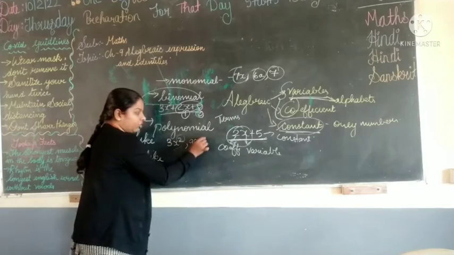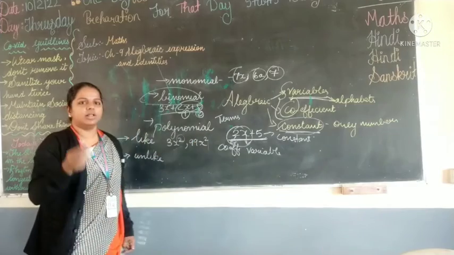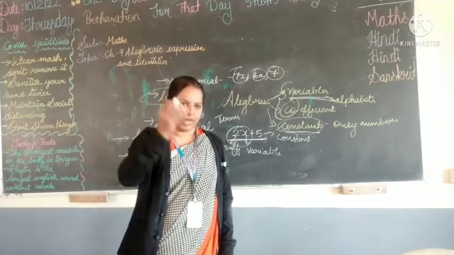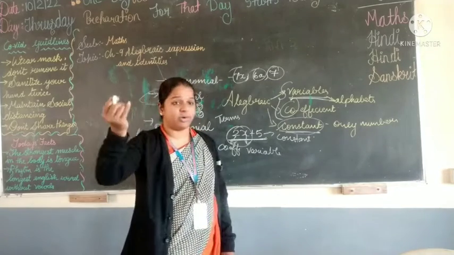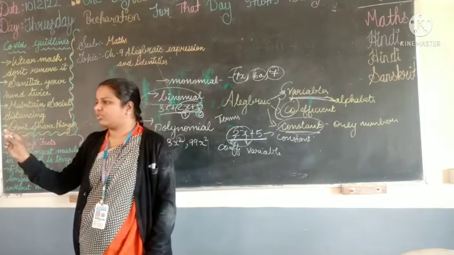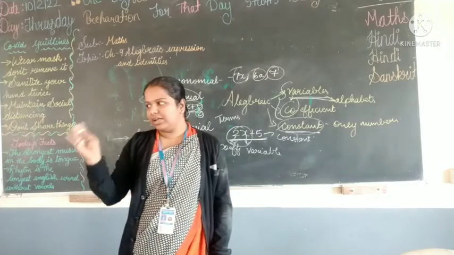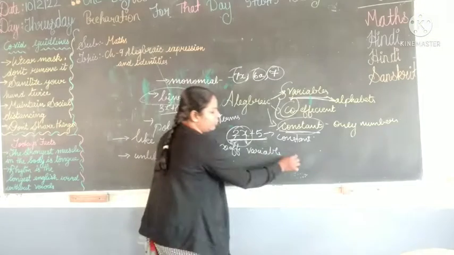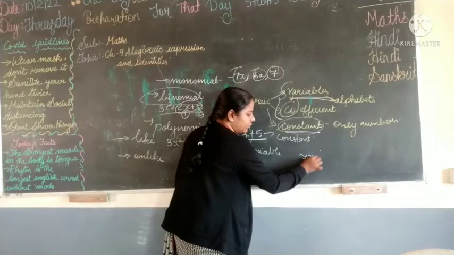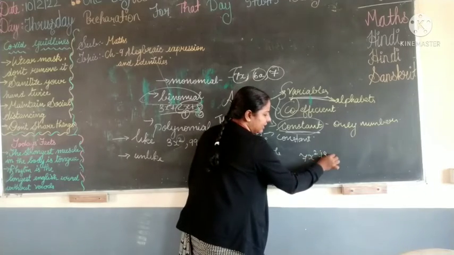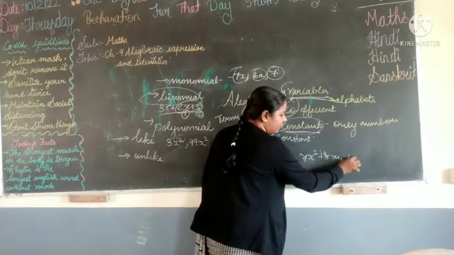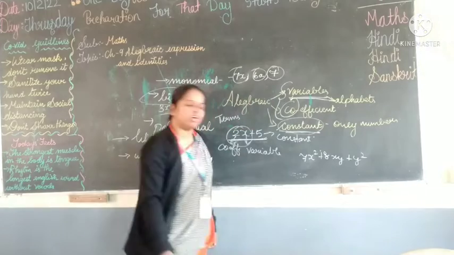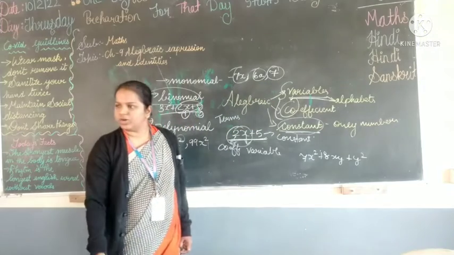Their degree also matters. Degree means the highest power of the variable in an expression. For example, in 7x square plus 8xy plus y square, what is the degree? 2.